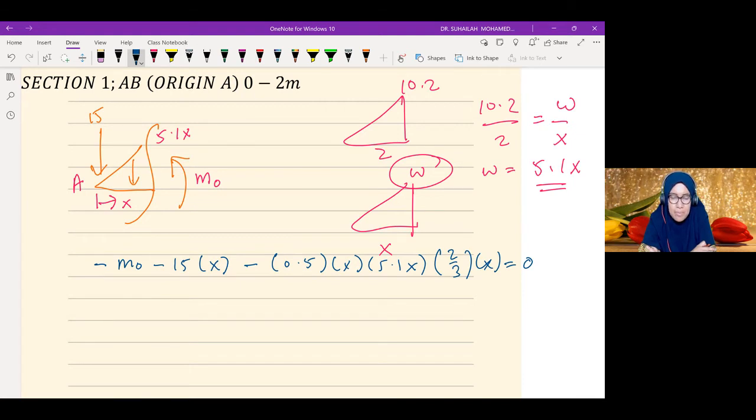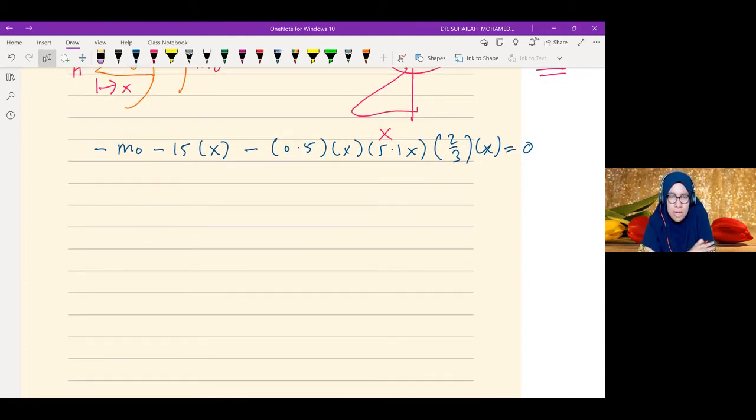So negative M naught, minus 15 times x, minus the area of the triangle, 0.5 times x times 5.1x, and then the centroid is 2/3 times x. So we will get M naught for section number 1.